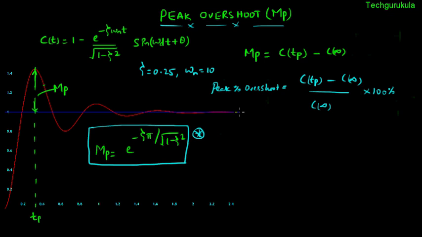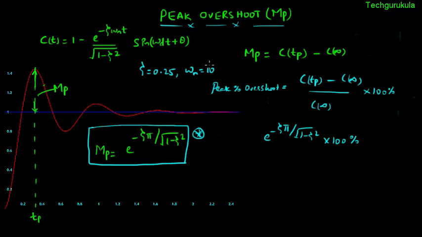In this case, where the final value magnitude is 1, it doesn't make a difference between MP and percentage MP, except for the multiplication by 100. So this will be e power minus zeta pi over square root of 1 minus zeta square times 100%. But it makes a difference when the final expected value is other than 1. We'll see the difference very clearly when we solve the follow-up problems.